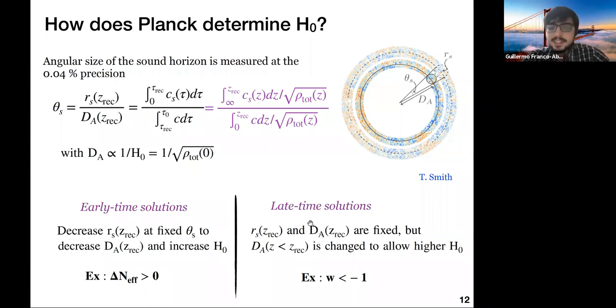But what one changes is the integrand of this angular diameter distance, and it is changed in such a way as to allow for a higher value of the Hubble constant. So in this case, a prototypical example of a model that achieves that is just to consider dark energy with a phantom equation of state. But in a similar way to the ΔN_eff model, it has been shown that this simple approach doesn't work.